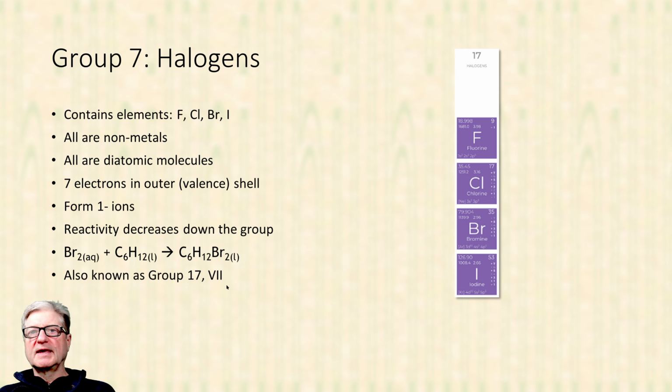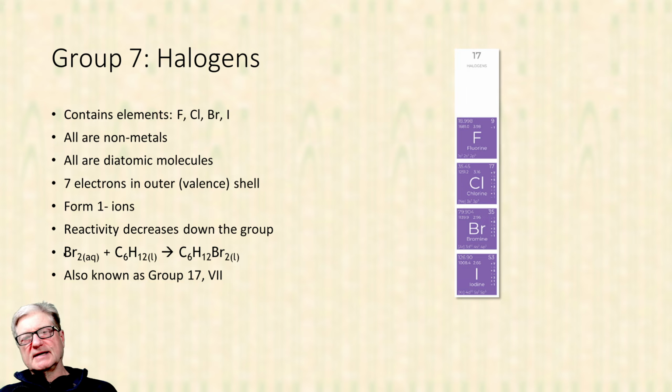This is the general formula for a reaction with hexane. This particular reaction is called halogenation. We're going to learn about it in organic chemistry.